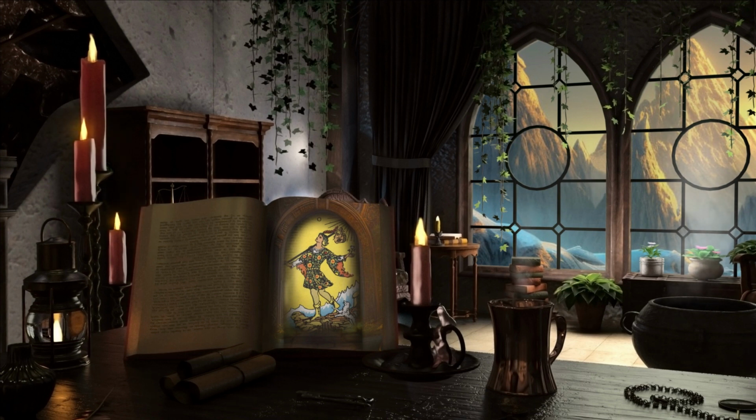We also see in the background mountains, ice, which stand for challenges along the road, obstacles that this Fool has to overcome. We see a lot of yellow.